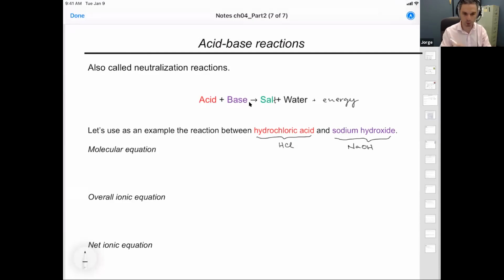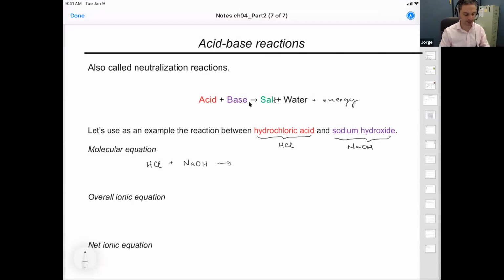We'll repeat again, you have to know the nomenclature. If you don't, go back and make sure you are up to speed on nomenclature of acids, bases, and salts as well. Okay, so now let's react HCl, an acid, with sodium hydroxide, a base.